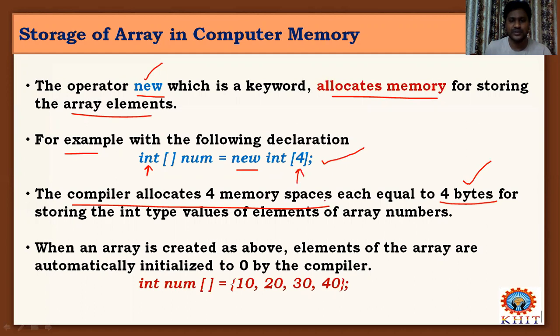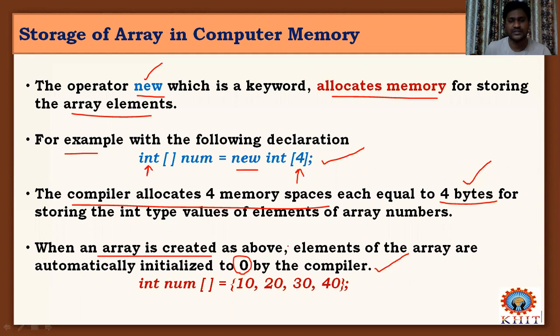So 4 memory locations are required, each of 4 bytes, to hold one value of the array: 4 elements, 4 bytes for each memory location, storing integer type values. When an array is created as above, the elements of the array are automatically initialized to 0 by the compiler.